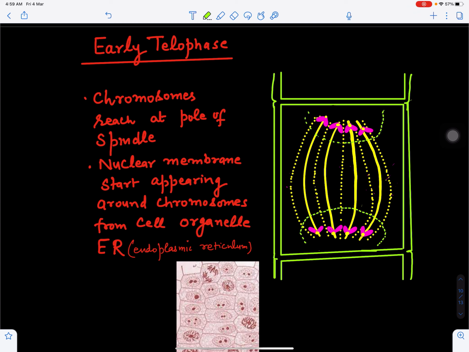When the nuclear membrane starts appearing, it comes from the cell organelle called endoplasmic reticulum, right? So when this membrane has started forming, the spindle fibers start disappearing at this end. So this is the early telophase, where they have reached the top and the nuclear membrane has started appearing.